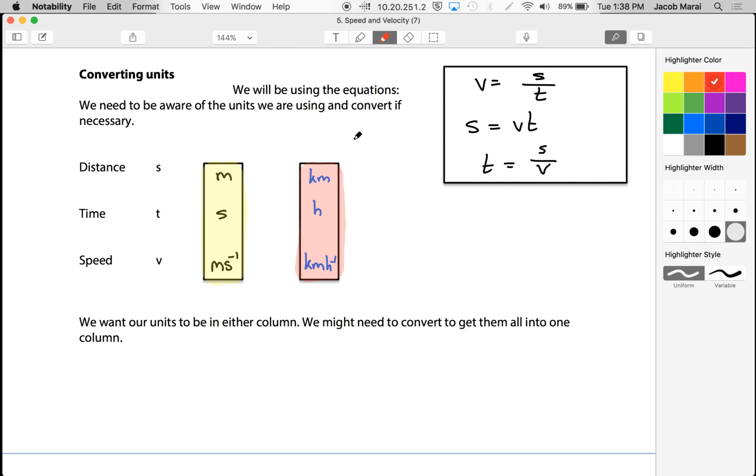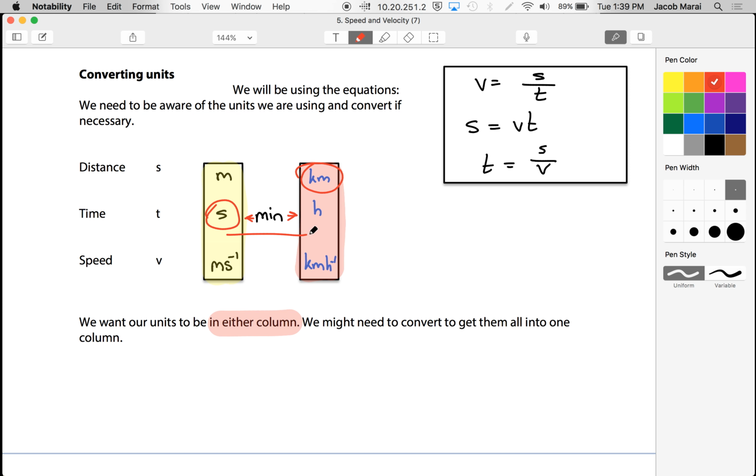Now here's the thing. All of my units have to be in one column or the other. All right? So here's the problem. We could have time in minutes. Well, I would need to convert it either to hours or seconds. Okay? So here's the thing, gentlemen. If I gave you distance in kilometers, time in seconds, and asked for speed, well, here's what I could do.